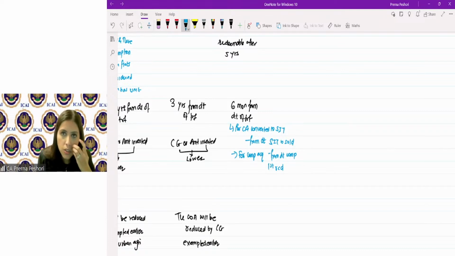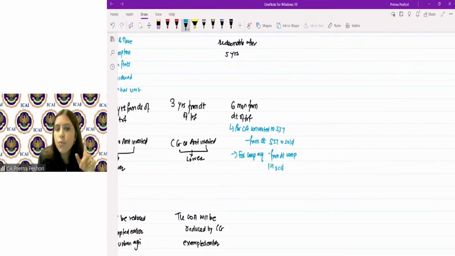So some amount you can claim, let's say for purchase of one residential house. Let's say I have 20 lakhs of property, 10 lakhs I have purchased another house. Balance, I have purchased the 54EC bonds of 10 lakhs. So I can claim both. There's no restriction. Clear? Okay. So that is about 54EC section.